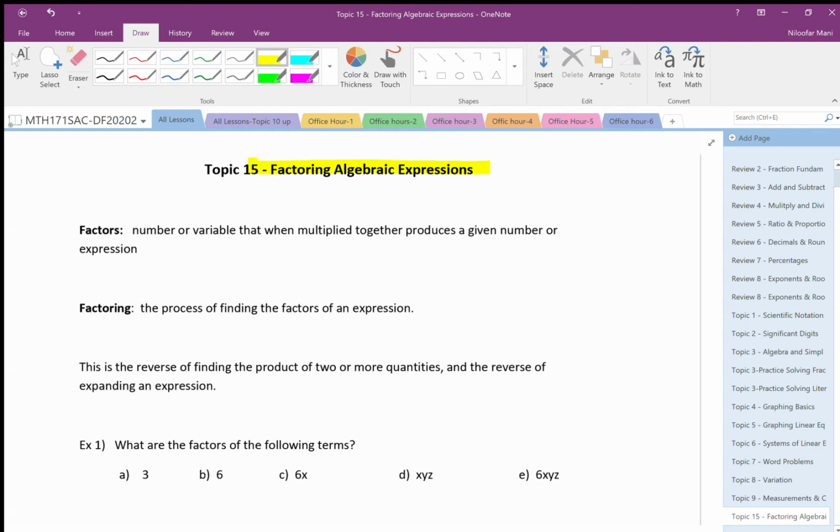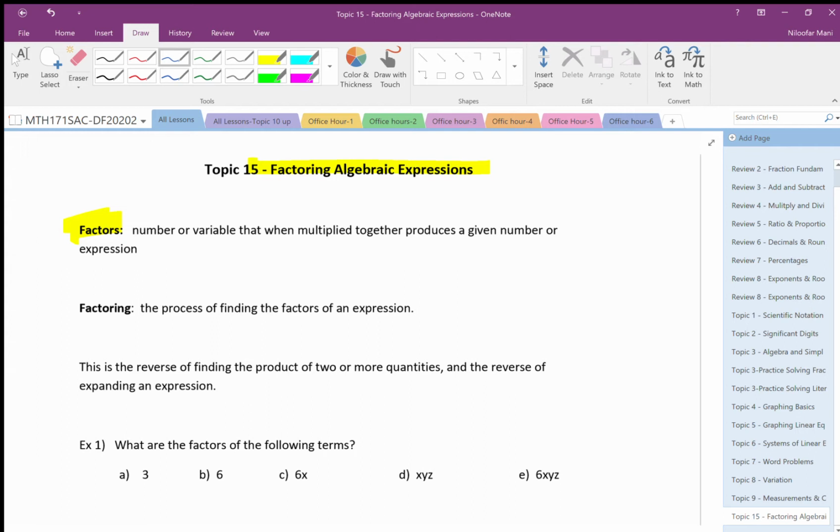Okay, so here we start with factoring and factors. What are factors? What is the meaning of factors? I'm not really a fan of definitions and telling steps, and I want to show you examples, but I just tell you this: numbers and variables that, if you multiply them, you reach the original number or original algebraic expression are factors.